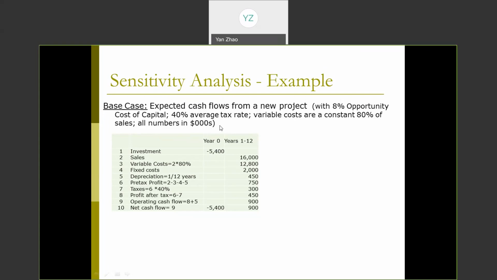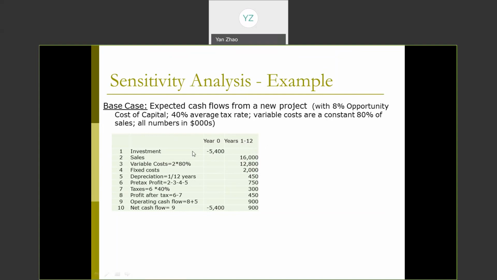I'm dropping all the zeros just for simplicity. And year 1 to 12 means all the following 12 years are going to be exactly the same numbers. So instead of writing 12 columns of the same numbers, I'm just combining them in one column. So in year 1, 2, 3, 4 until year 12, we're going to look at the same set of numbers.